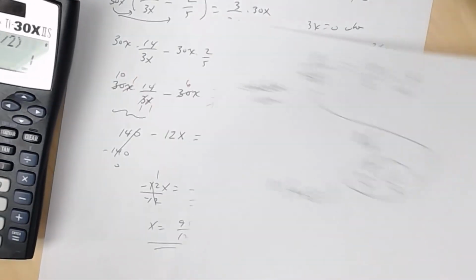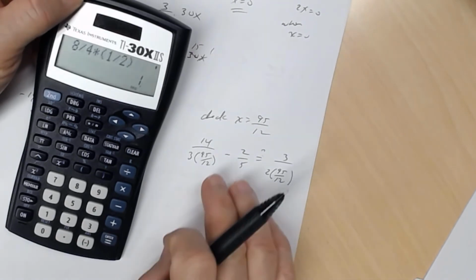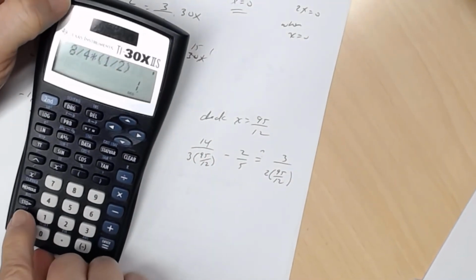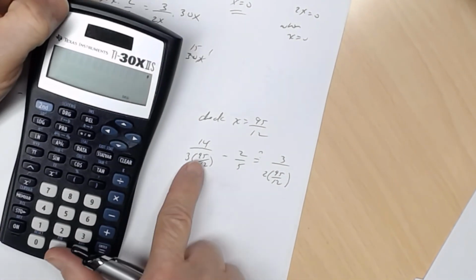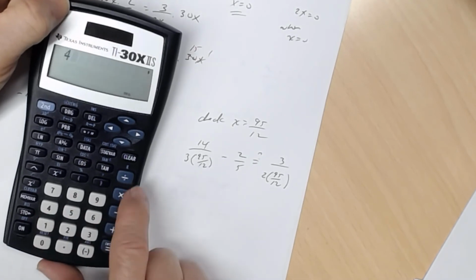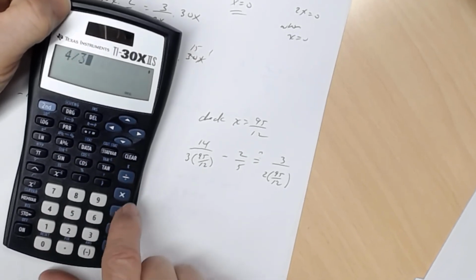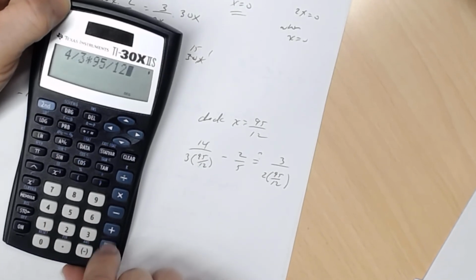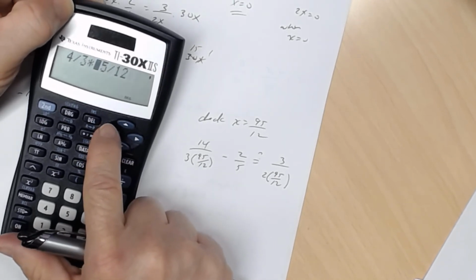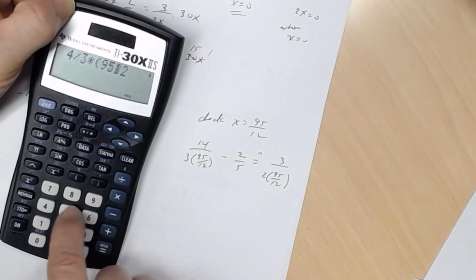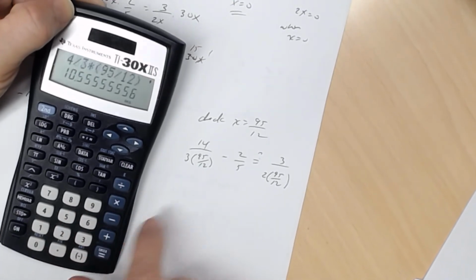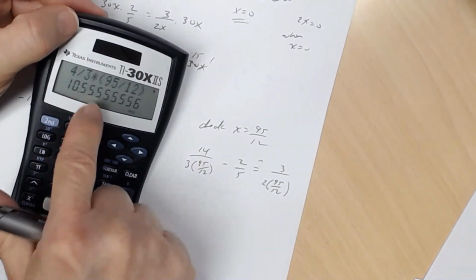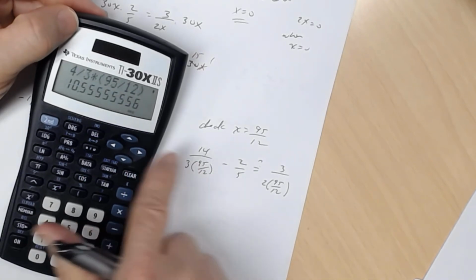Now let's go here. So we now know if you say 4 divided by 3 times 95 divided by 12, in parentheses, that this is not this. That is not this.